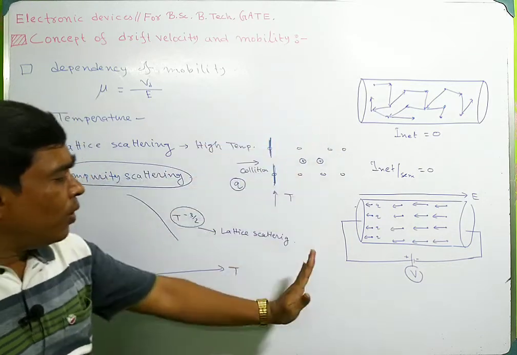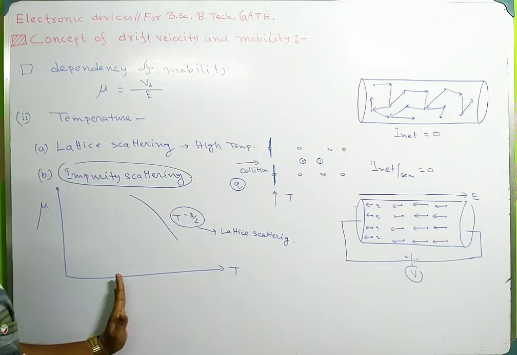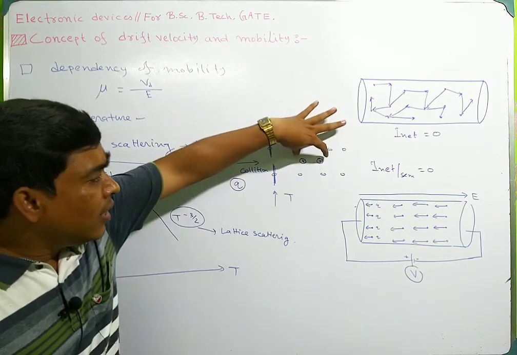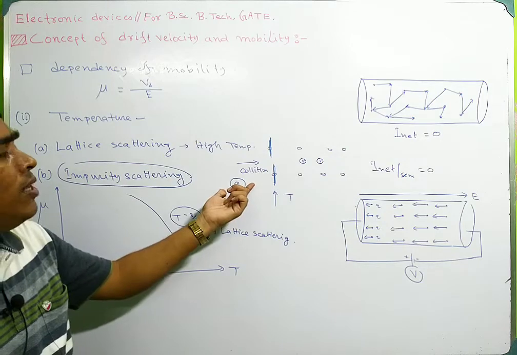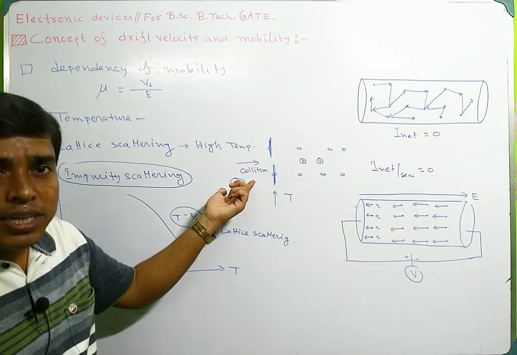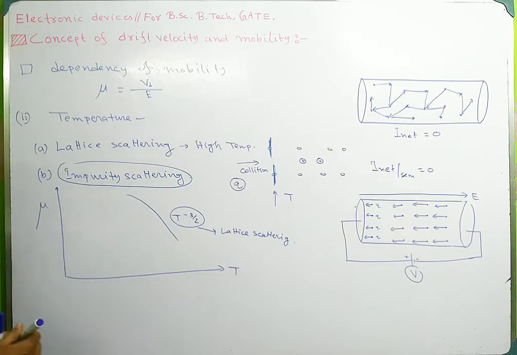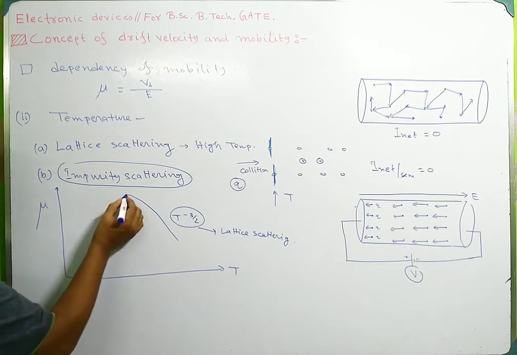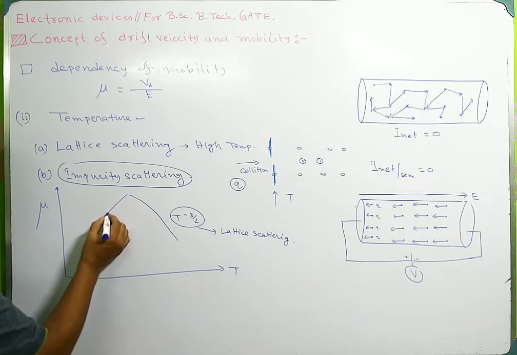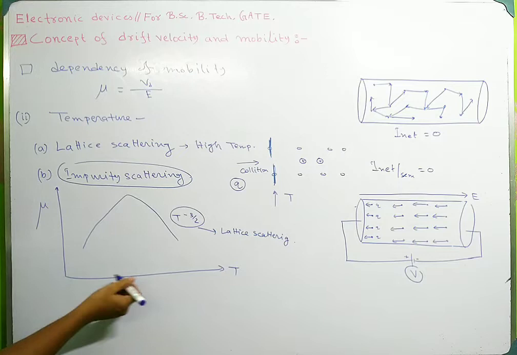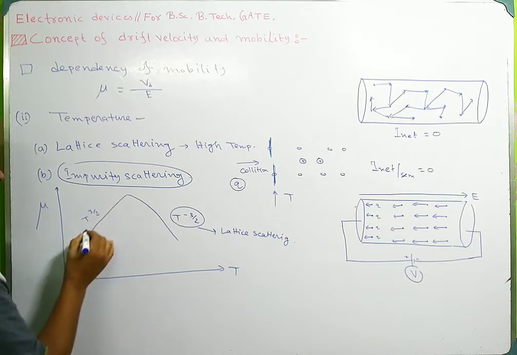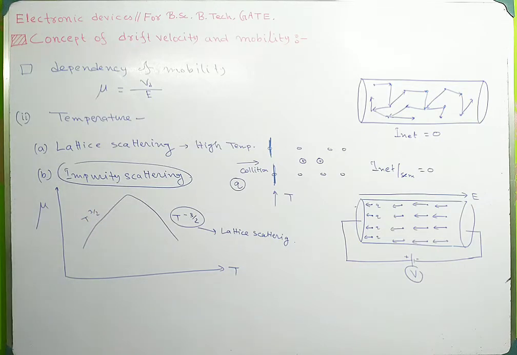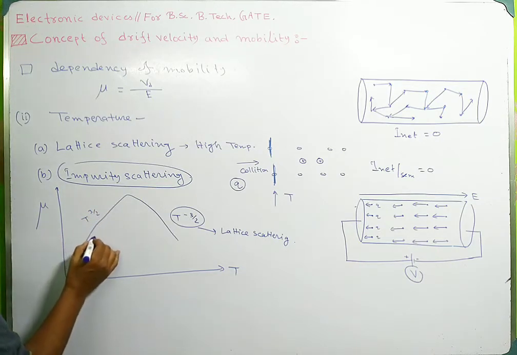That's why when temperature is low, the interaction between two ions is more than the momentum of the electrons or charge carrier. That's why the mobility will also decrease when the temperature is decreased. So this is T to the power 3 by 2. This is for impurity scattering.